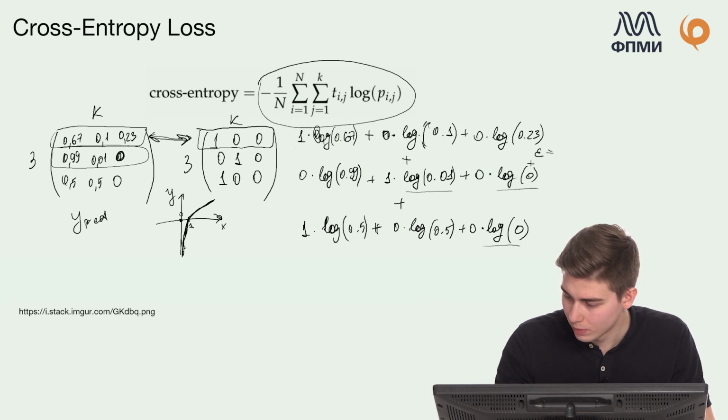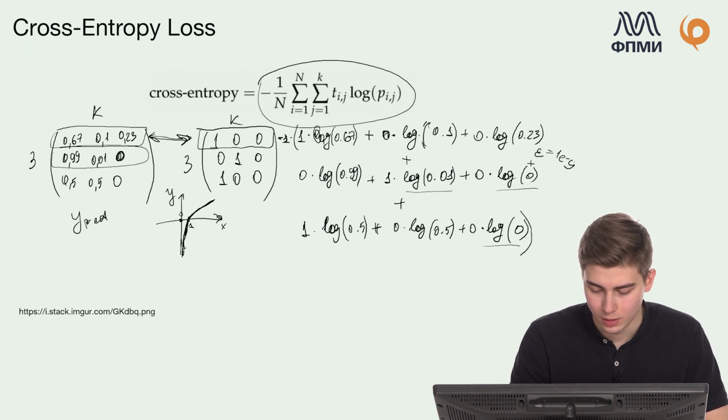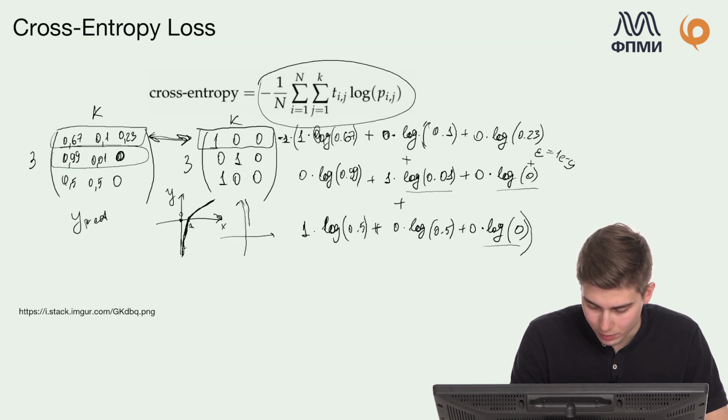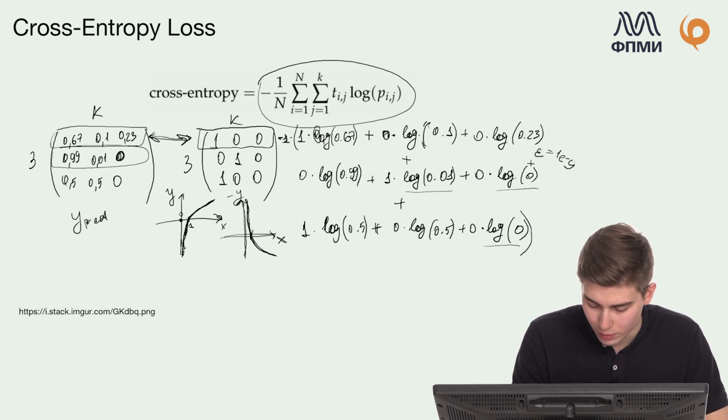And for numeric stability, here we have a -1 multiplier before our sum. Let's see on the graph, we can just draw it like this if it is the minus logarithm applied to its argument.